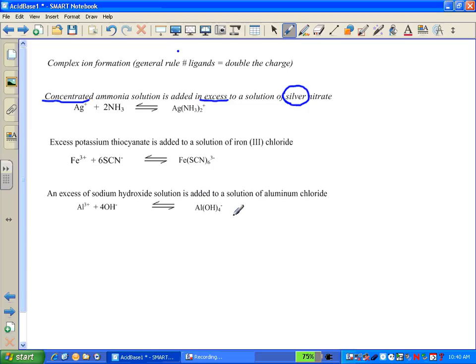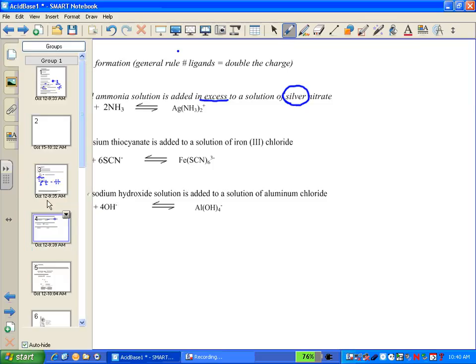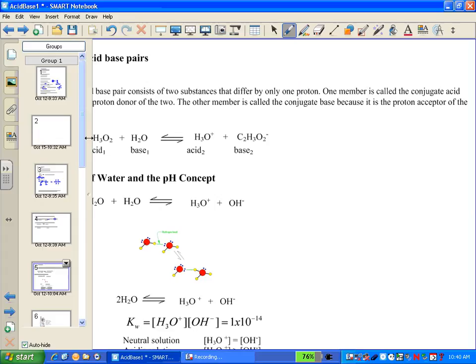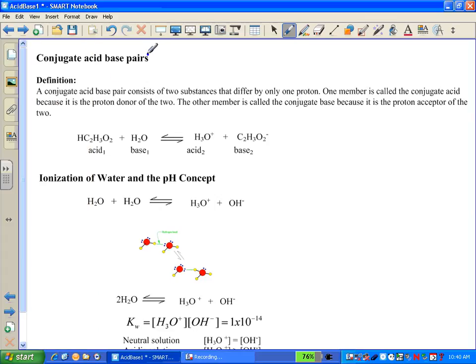So this is a common complex ion formation that you could potentially see, so it's important that you recognize this one. When you've got aluminum and hydroxide, there are going to be 4 hydroxide ions attached. The overall charge of this is -1 because of the 3+ and the -4. So what you're going to want to do is practice the questions that are in the notes, and we will take those up.